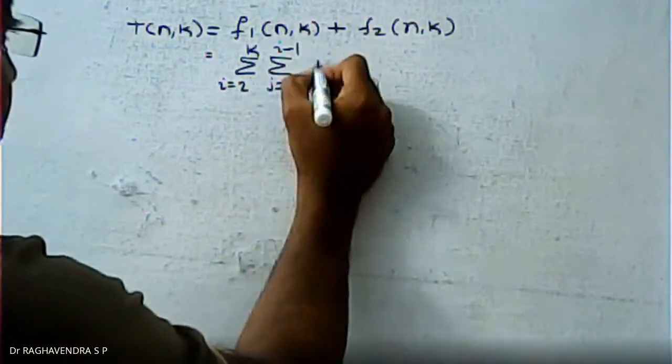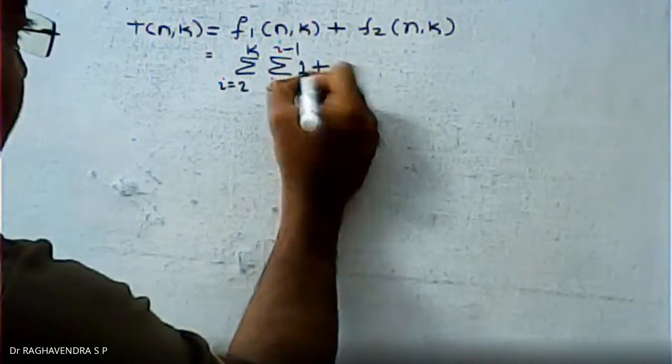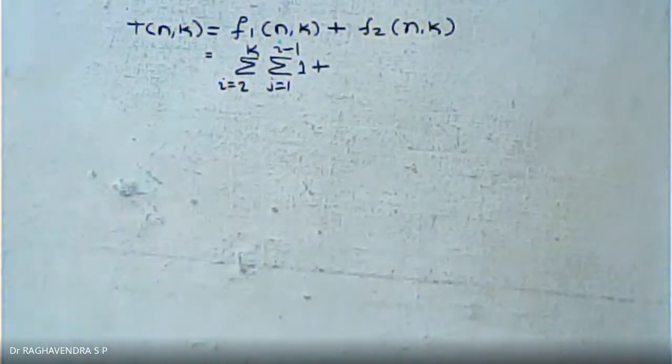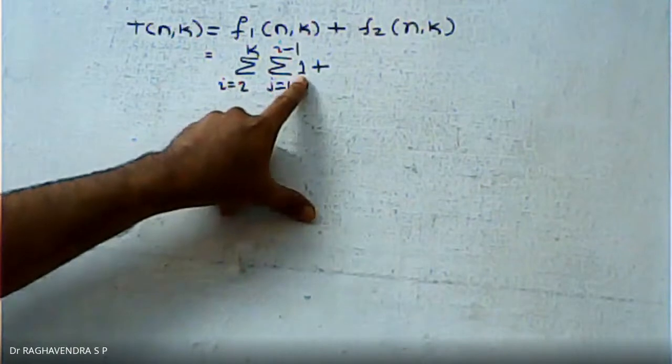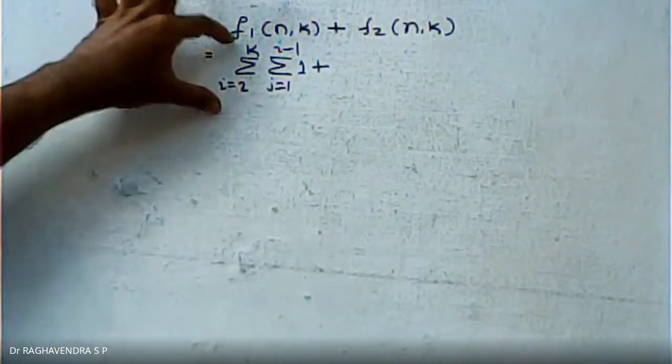For all these, one basic operation is executed. This is with respect to the triangle portion.